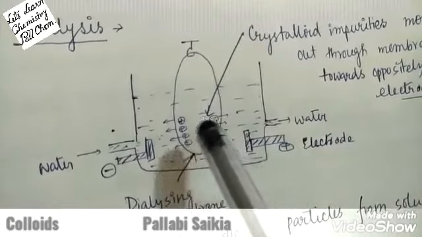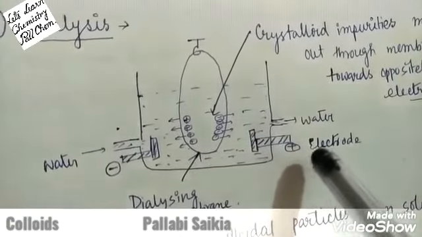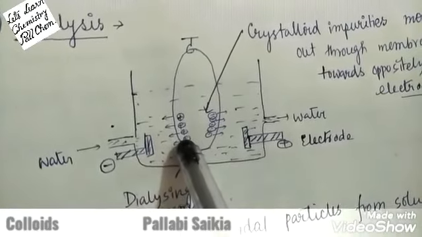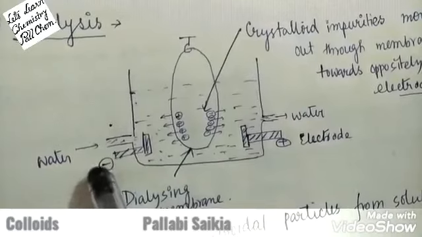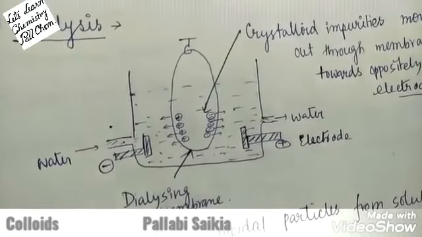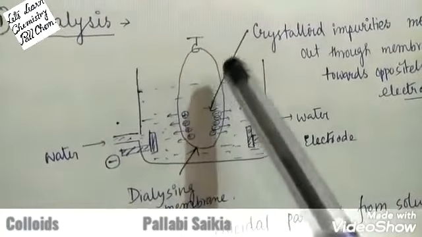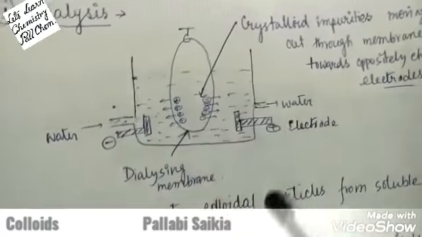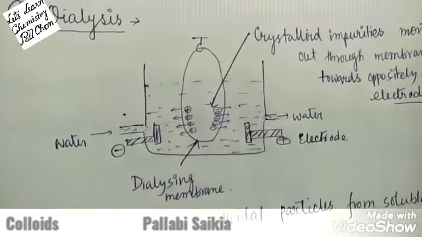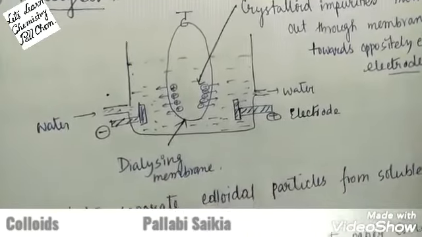So negative crystalloids will pass towards the anode and the positive crystalloids pass towards the cathode. So this is known as electrodialysis, and according to this method, we can purify the colloidal particles which have soluble impurity.